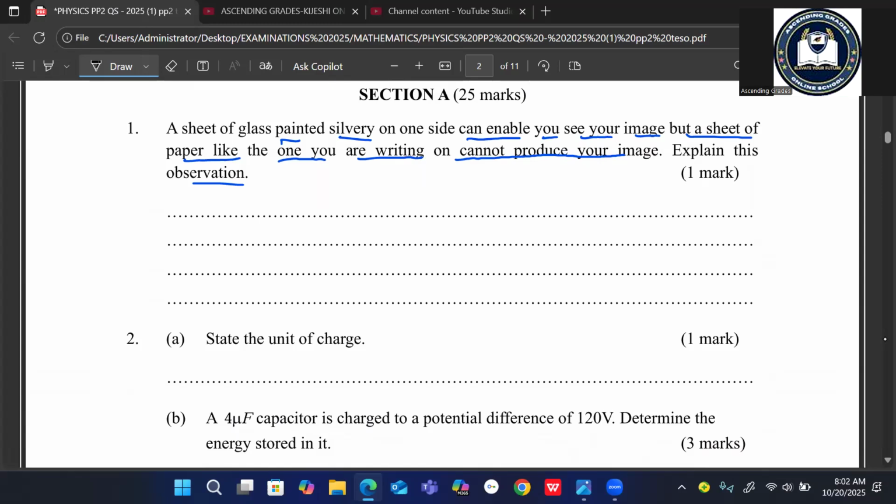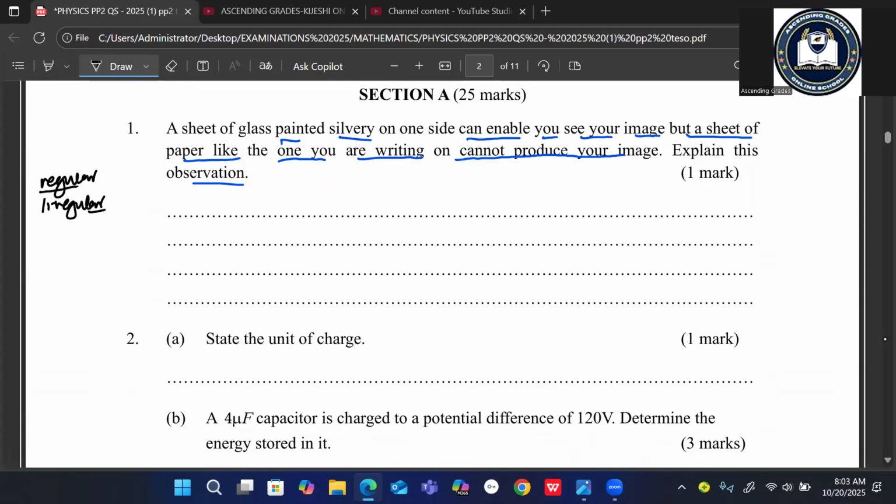We know that we have two types of reflection, where we have regular and irregular reflection.